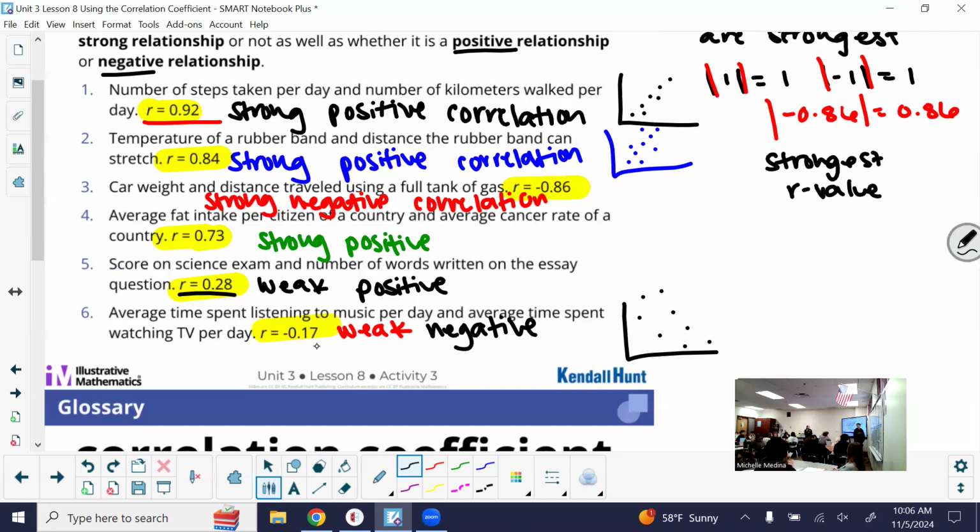Alright, so Camila, these are my options. So don't say you don't know if you have to guess. Out of these 6 options, which one would be considered the strongest?